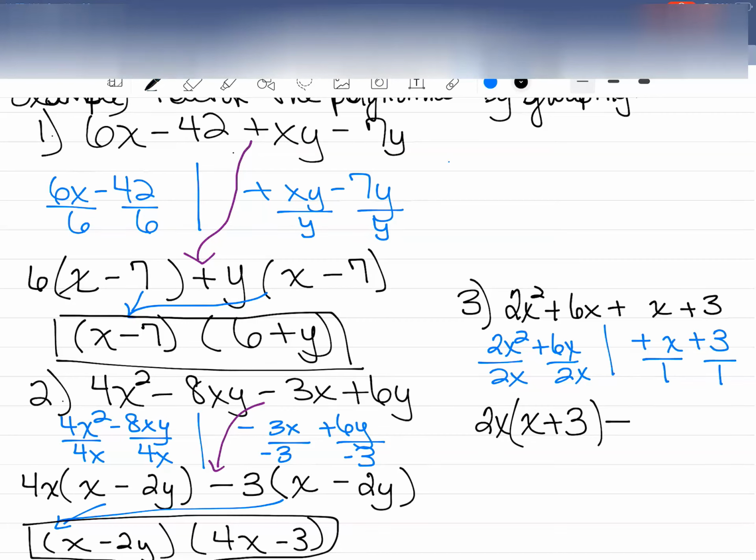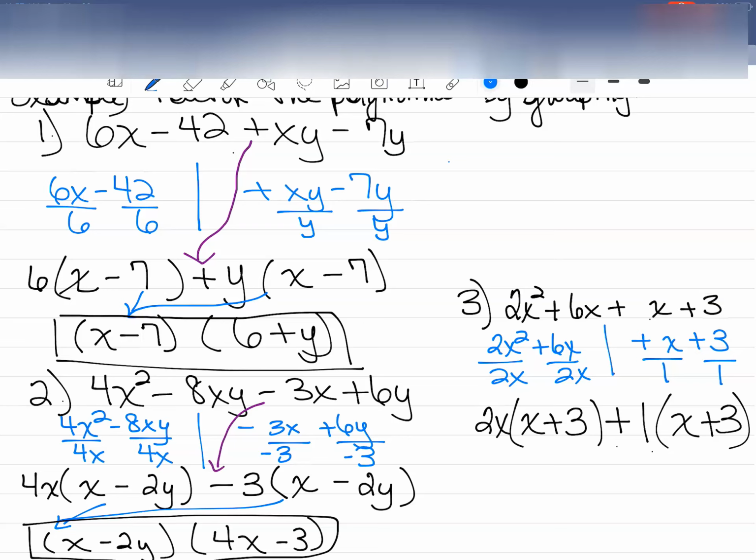So I'm pulling out a positive 1, which means I'm not changing anything. So once I acknowledge that the x plus 3, nothing's in common other than 1, we call that prime. I'm going to write that plus 1 there. If that was a minus, I would have a minus 1 there.